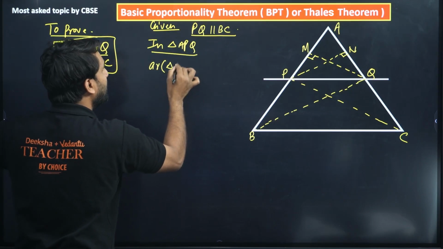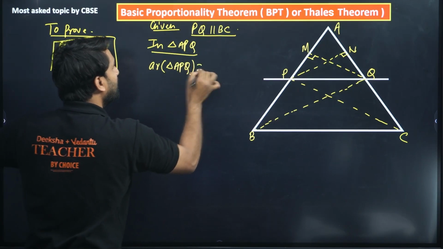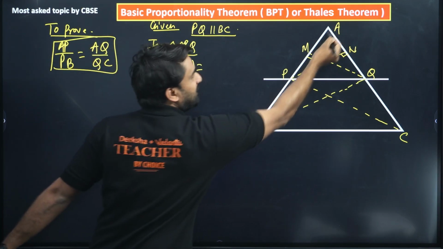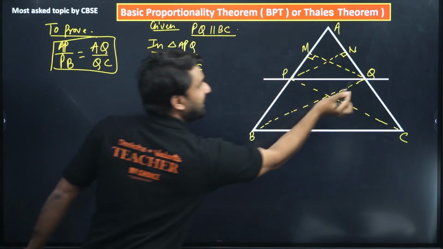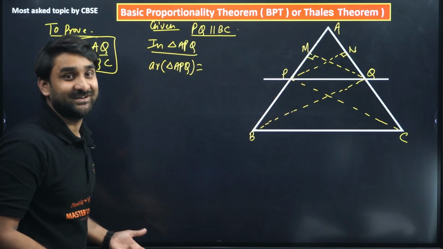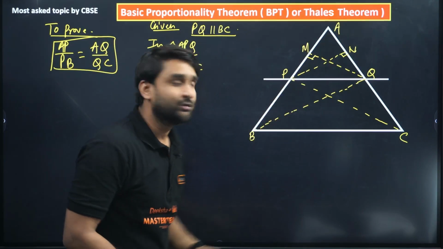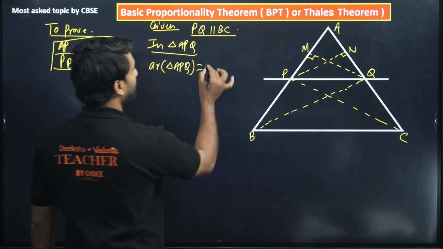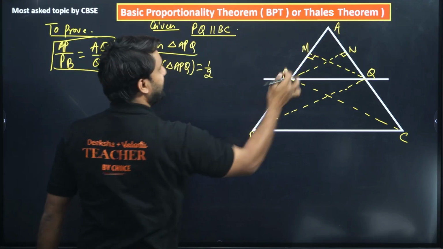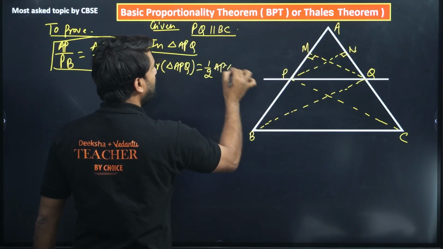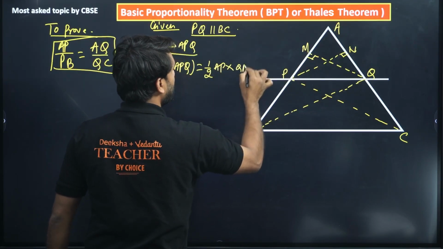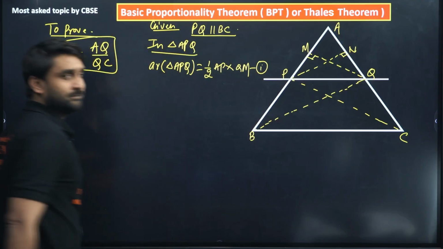We have the base; I am considering AP as base and QM as height. Yes, we can consider this, because for base AP, QM will be the height. So we can write area of triangle APQ equals half into base AP into height QM, and call this equation number 1.